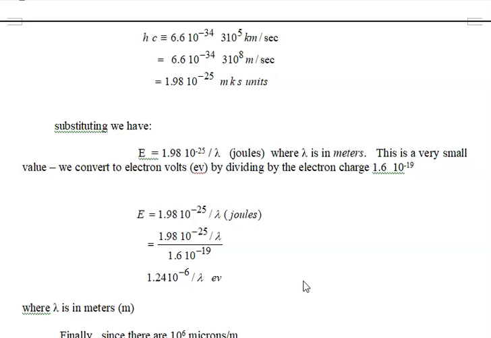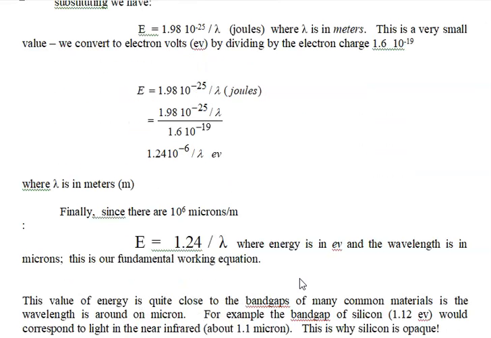Finally, since there are 1 million microns per meter, we can transform our lambda from meters into microns just by multiplying by 10^6, and we get this equation, and this is our working equation.